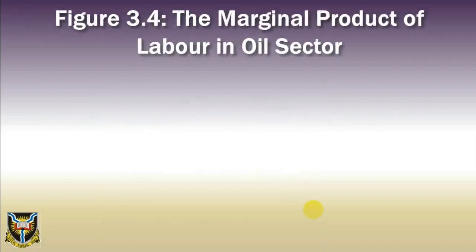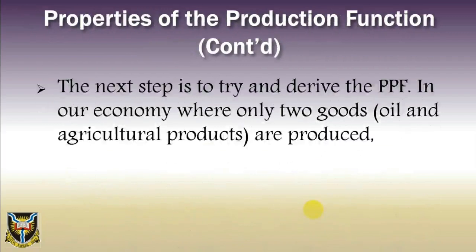The next step is to try and derive the production possibility frontier. Recall that the production possibility frontier shows the pattern of what the economy is capable of producing.